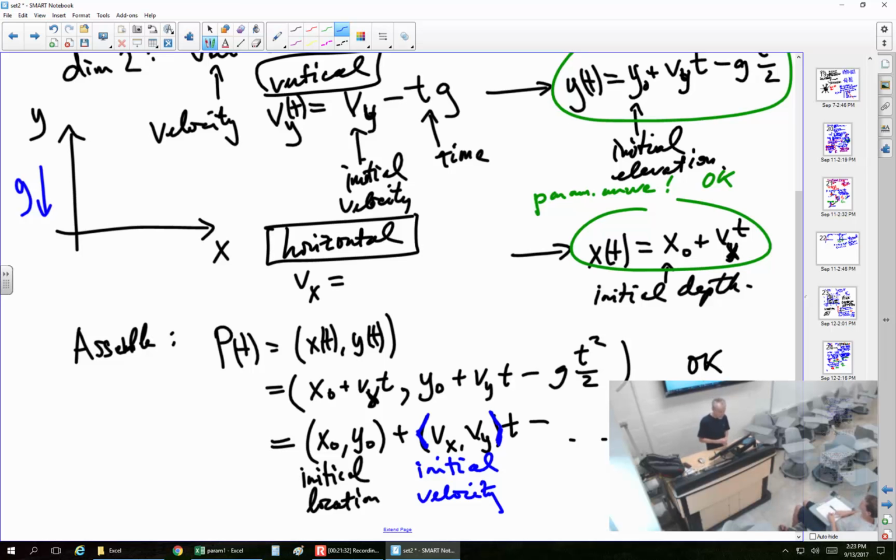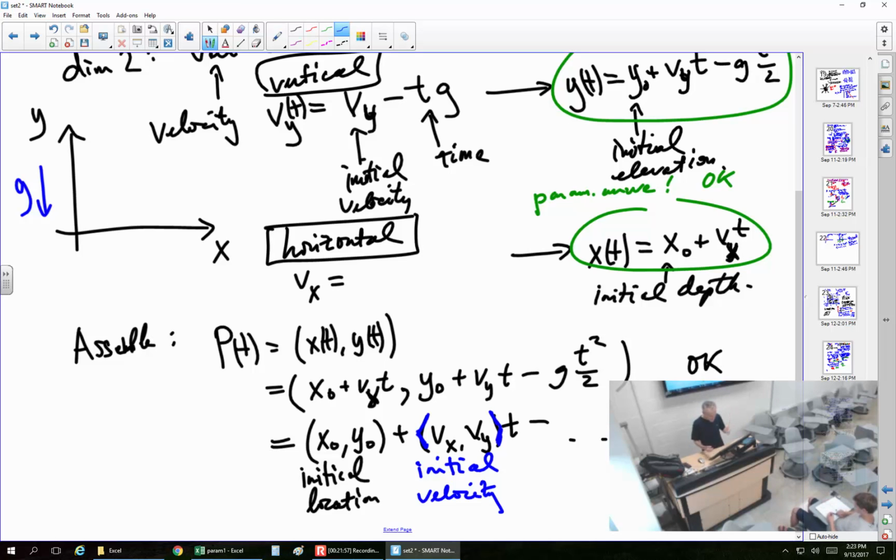We factor out t so that the units become clear. These have the same units, say feet, and these have the same units, say feet per second. Then the multiplication by t, the time, allows us to add these two together as vectors, because now with t the units do match.